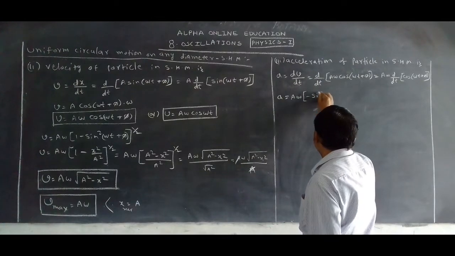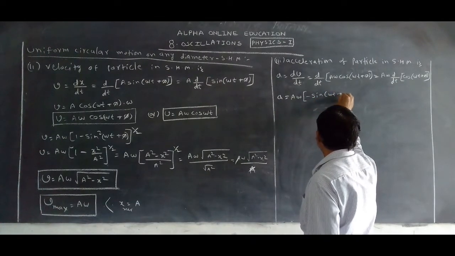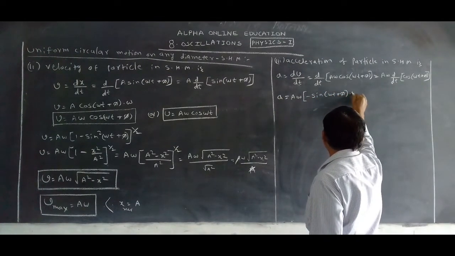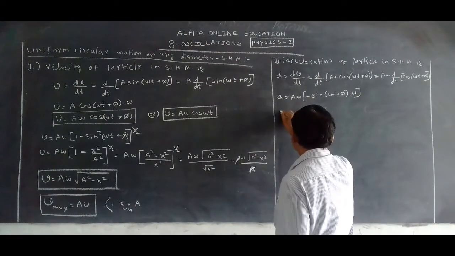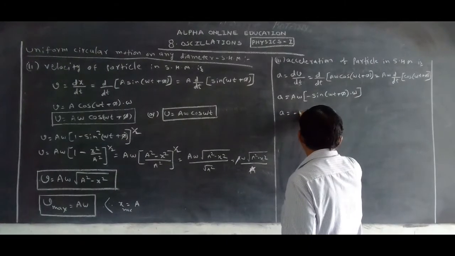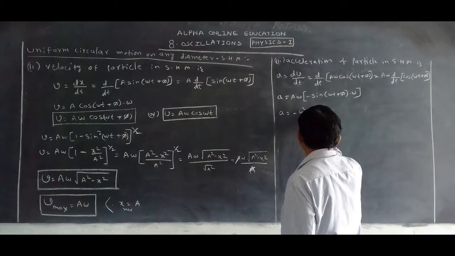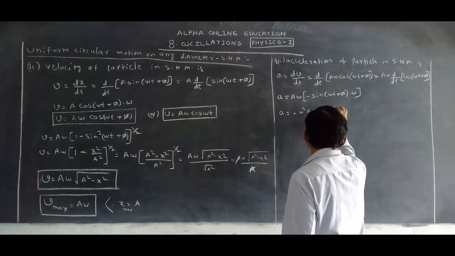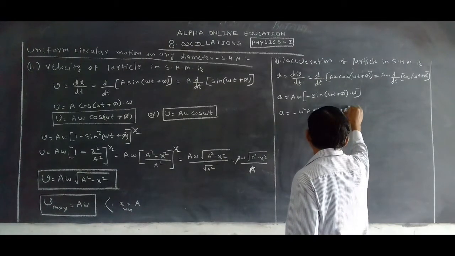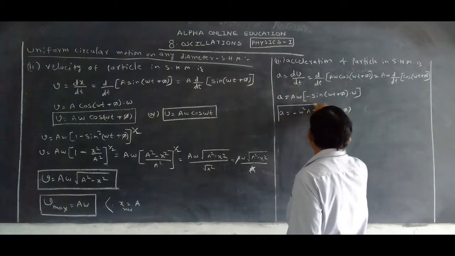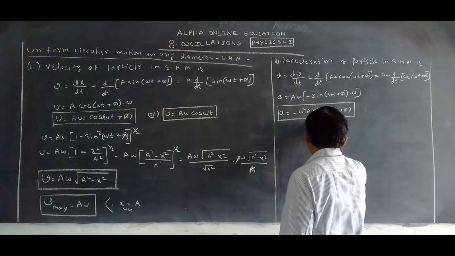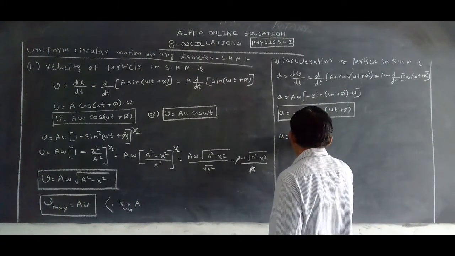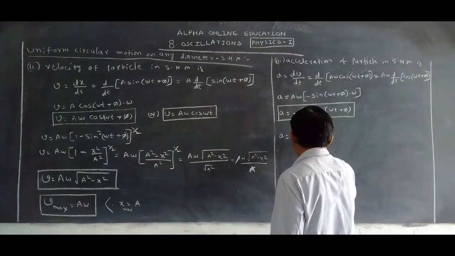It is minus sin (omega t plus phi) into omega. So A is equal to minus omega square A sin (omega t plus phi). This is the equation. Or A is equal to minus omega square x.